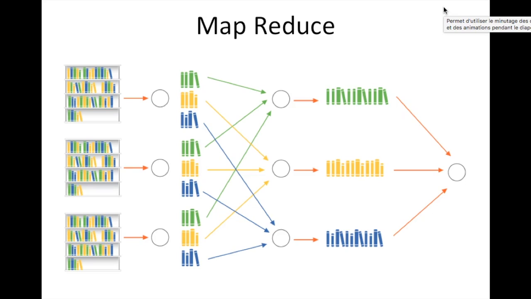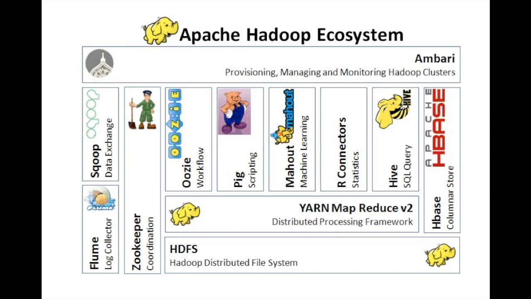So the Hadoop architecture allows us to process big data, but we have to implement algorithms that follow the MapReduce concepts. This means that we have to think about how to decompose an algorithm into MapReduce tasks. However, in the Hadoop ecosystem, there are tools that are MapReduce enabled. Here you can see some of the Hadoop ecosystem tools.